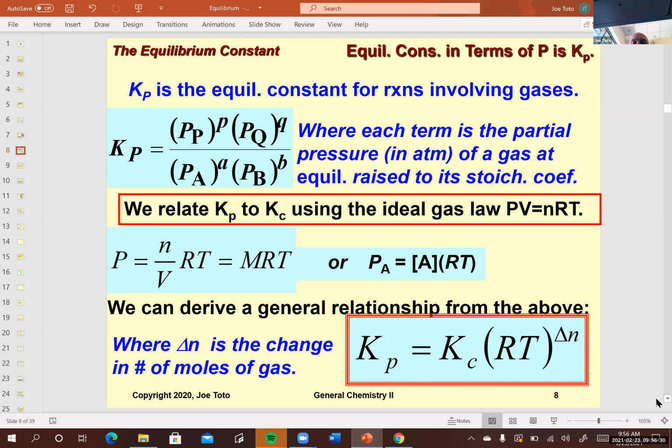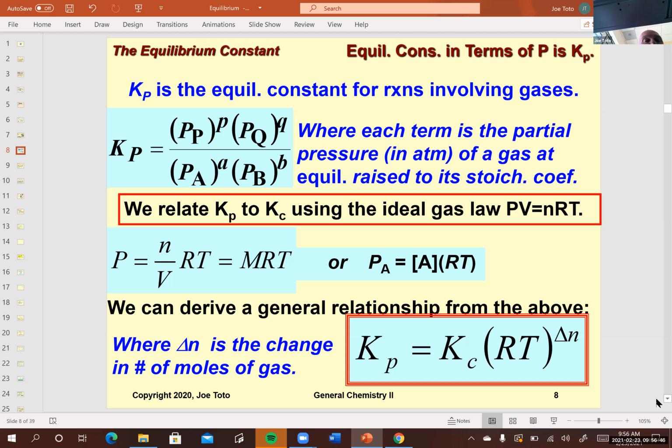And we went on to say, well, there's other equilibrium constants, for example, Kp, where you use the same definition: concentration of products to the stoichiometric coefficients over the reactants to theirs.